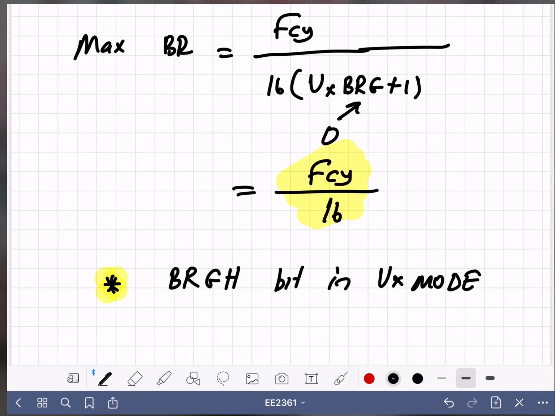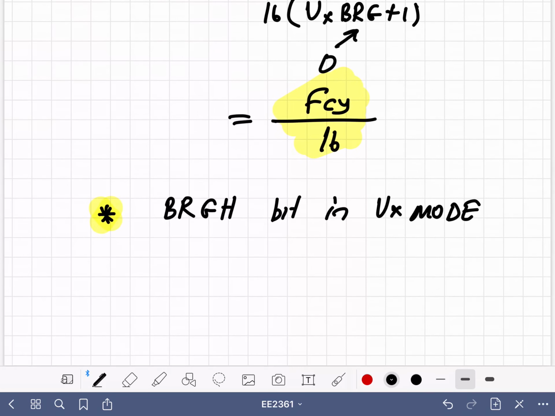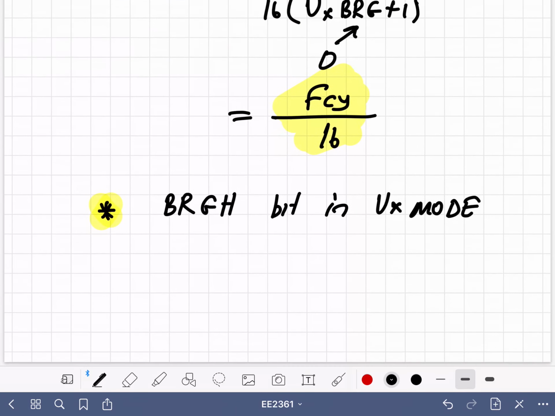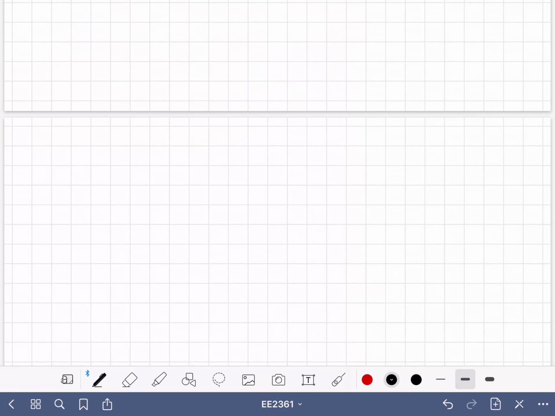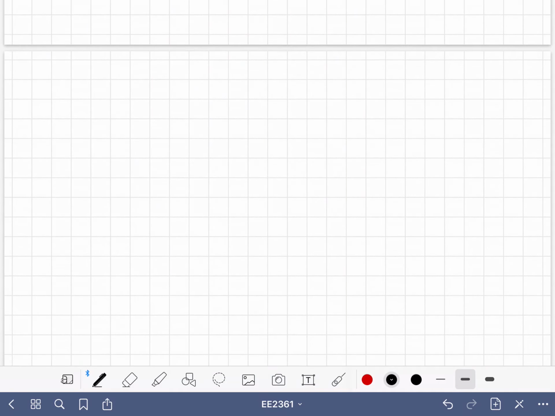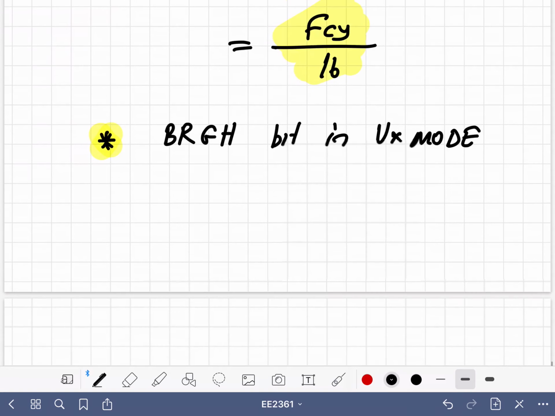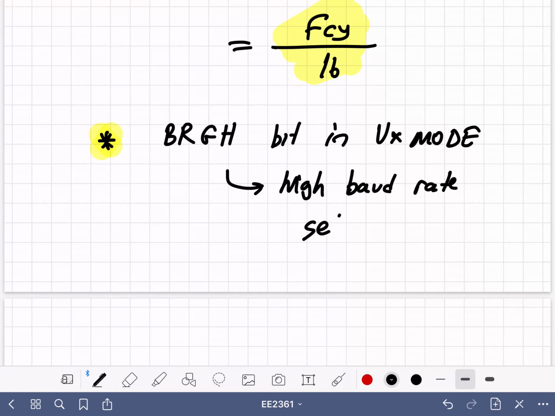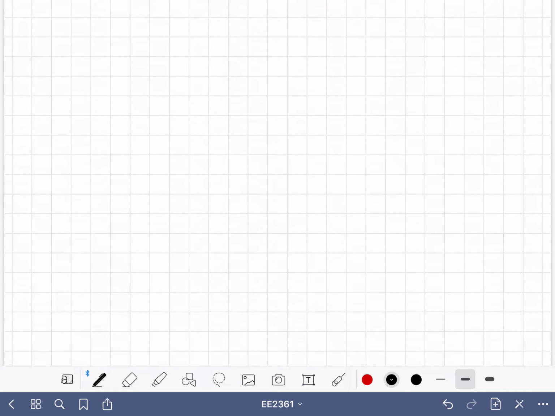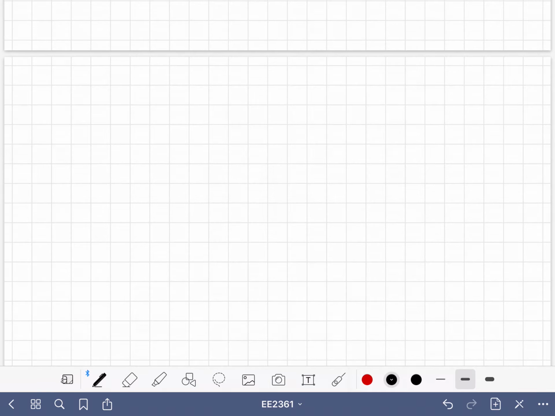So what changes? Let me move to the next page. Again, basically this high baud rate selection bit. Okay, so let's move on.